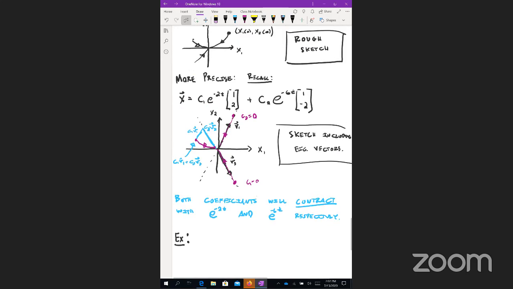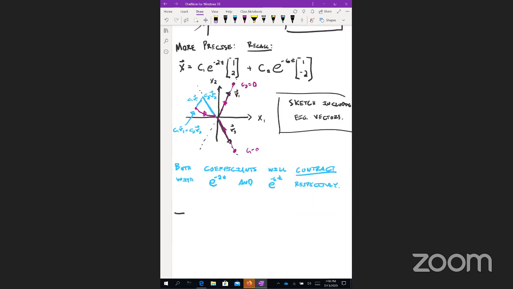So this is called, if lambda 1 and lambda 2 are less than 0, all the solutions are asymptotic to the origin. And we call the origin a stable node.